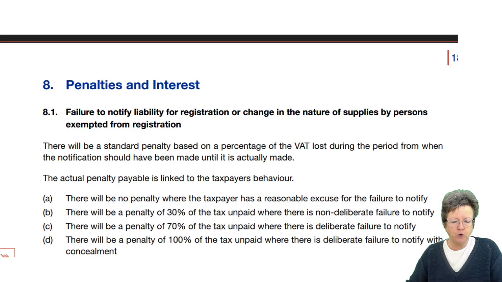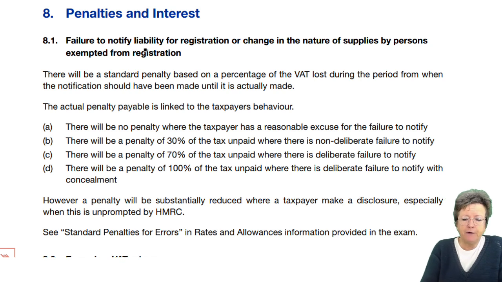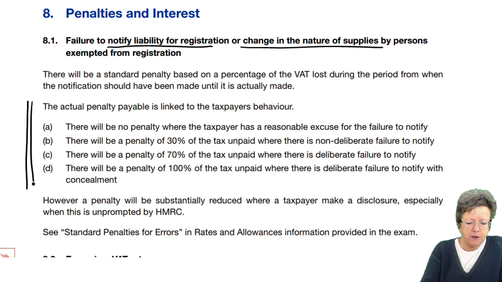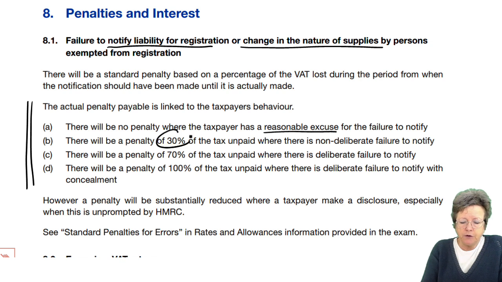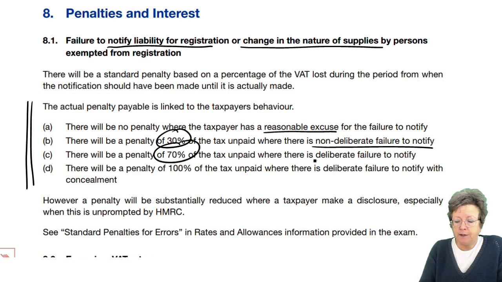Now, I've mentioned also other penalties and interest. If you fail to notify for registration or you change the nature of your supplies, then there are penalties. Now, this is a universal penalty scheme. No penalty where you have reasonable excuse. 30% non-deliberate. 70% deliberate.